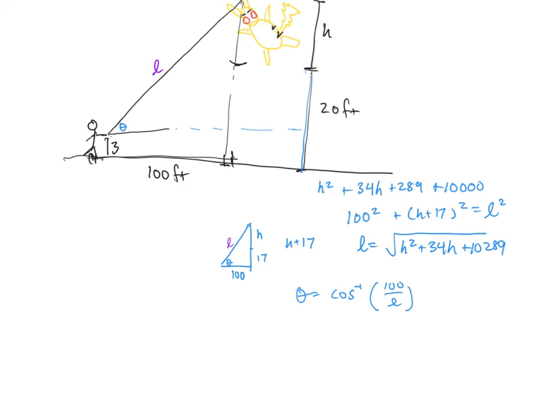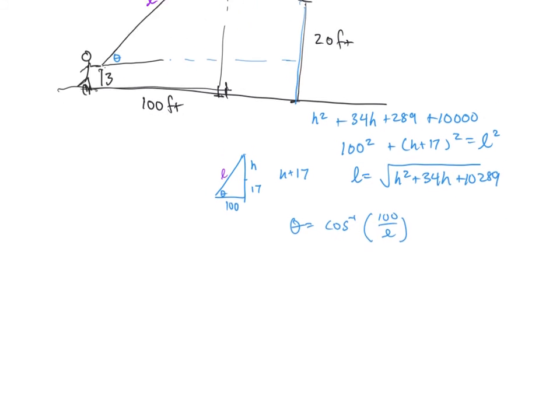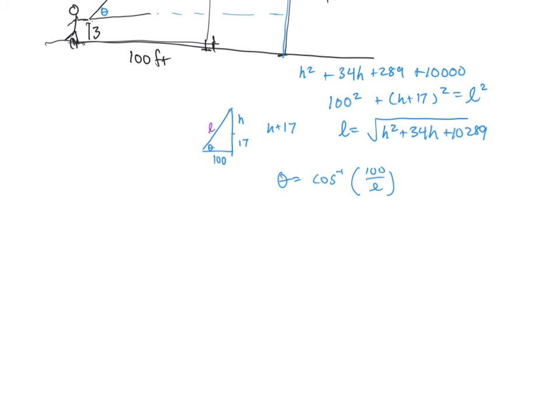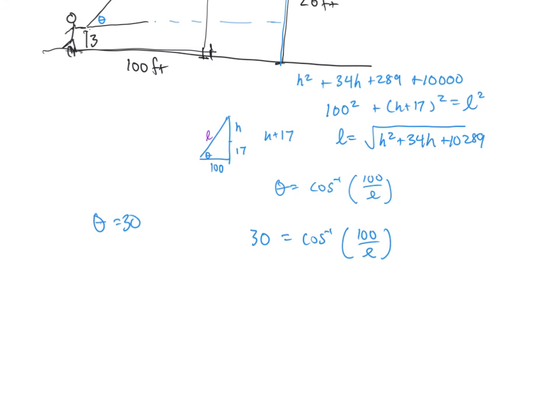Let's solve for H to see what that has to be in order for all these things to work out. Let's say they give us now theta is 30 degrees. So if theta equals 30, we do 30 equals the inverse cosine of 100 divided by L. So then we can take the cosine, right?